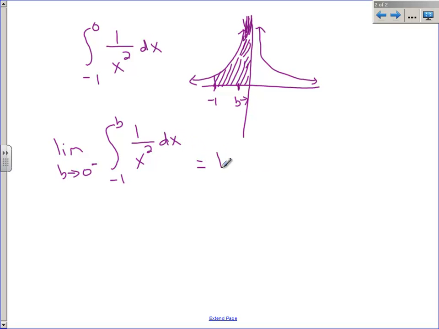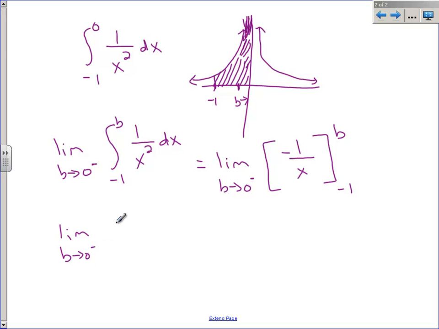So let's go ahead and answer this integral. The limit as b approaches 0 from the left, antiderivative, -1 over x, evaluated between -1 and b. So we'll plug the top number in, -1 over b, and then minus, plug the bottom number in, -1 over -1.